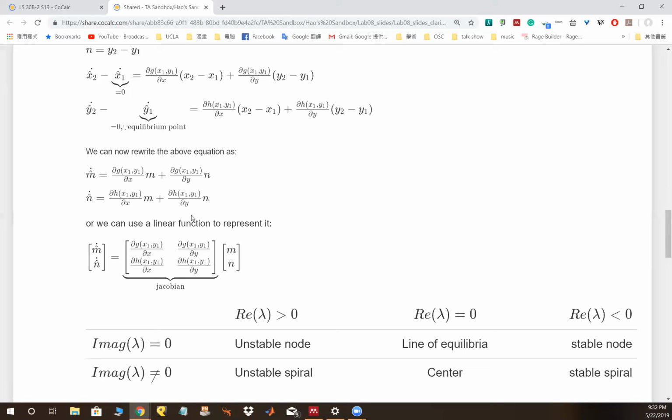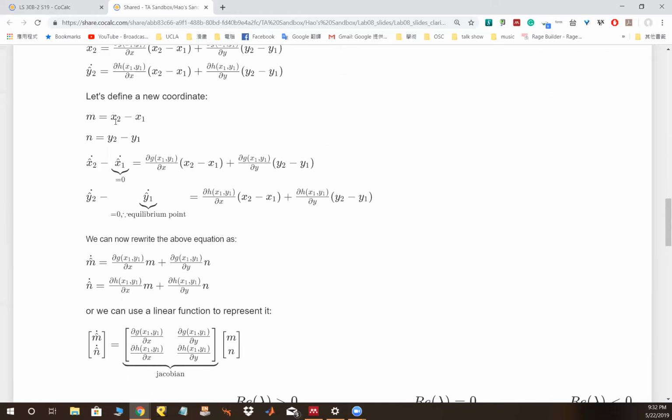Then what does m and n going to 0 mean? m equals x2 subtract x1. x1 is a fixed constant, an equilibrium point. x2 will be just any point nearby it. If this is 0, that just means x2 equals x1, which means any point nearby it will eventually go back to x1.